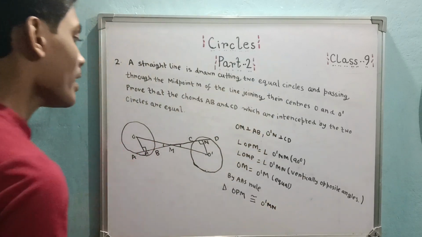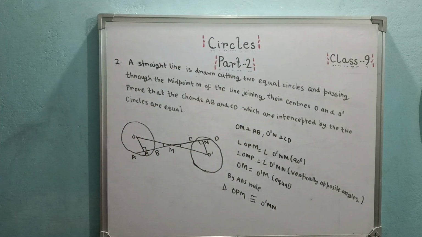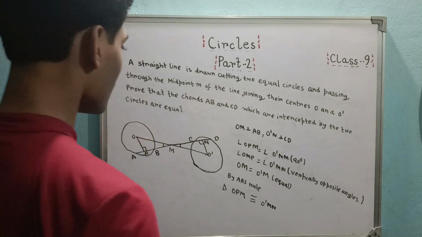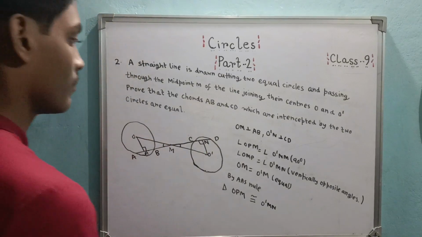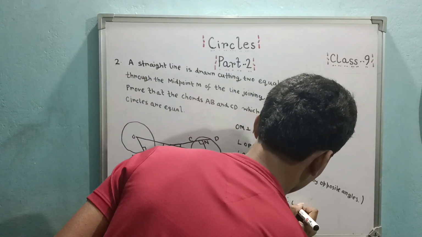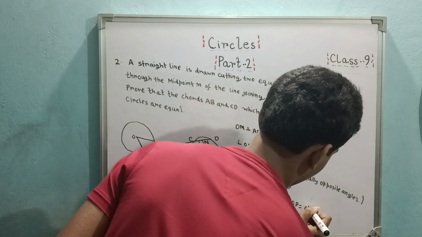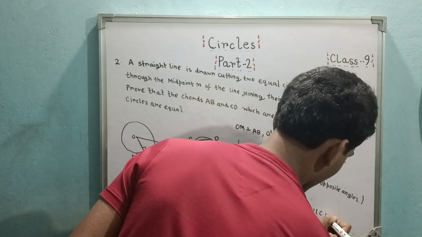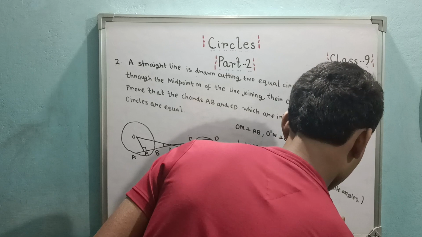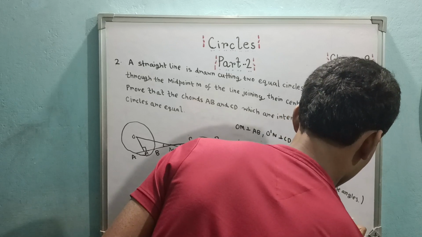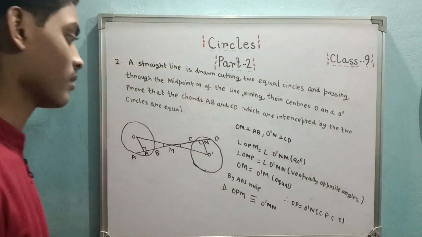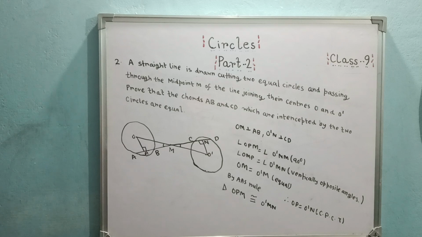Now, what do we learn? If two triangles are congruent, then their remaining sides which we didn't prove are equal are also equal. So here OP is equal to O dash N. This is CPCT, corresponding parts of congruent triangles.